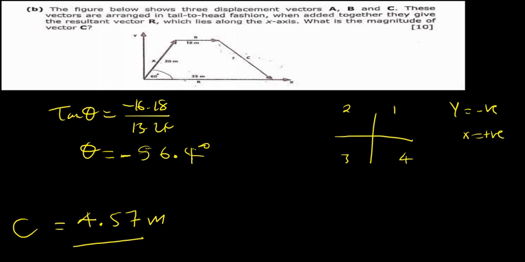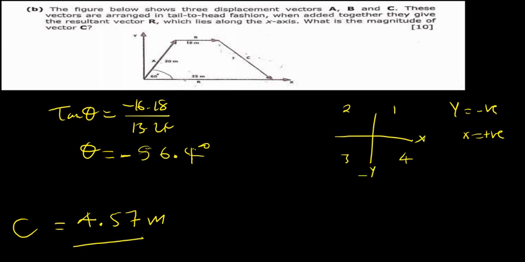Quadrant 3. Okay, what of others? All right, so good, very good. It's the fourth quadrant. This is the positive x, this is the negative y, so it's in this quadrant.